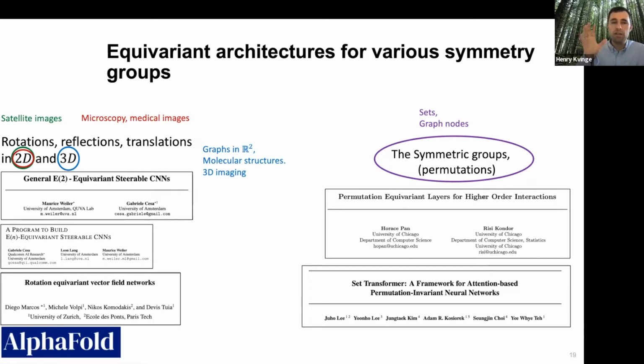Of course, when you get into 3D, then you start dealing with things like molecular structure, point clouds, LiDAR point cloud data for self-driving cars, certain types of graphs and things like that. And then there's another side of this that's over in the symmetric group. There are certain data types where order doesn't matter, and yet you need to use some order when you enter the data into the network.